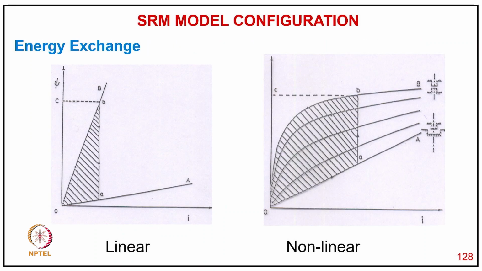Typically you can see the energy exchange, of course, for the linear circuit, which is shaded, and we call it the energy converted to mechanical work in one stroke angle. For the nonlinear characteristic also you can see how much energy gets converted in one stroke angle, represented by the psi characteristic of the motor, in the unsaturated and saturated regions. Of course, with saturation you can clearly see the machine can produce more output.